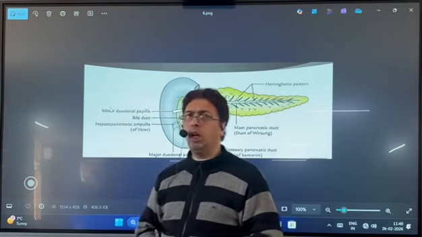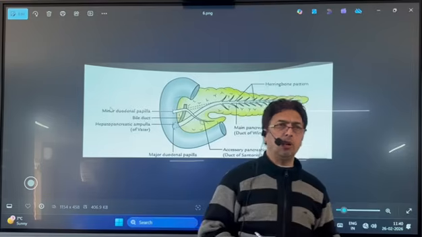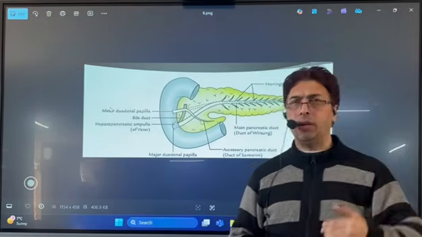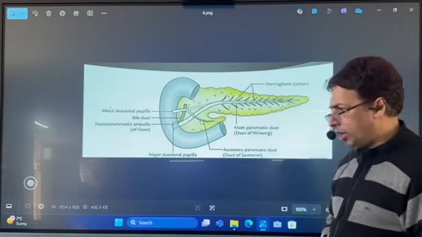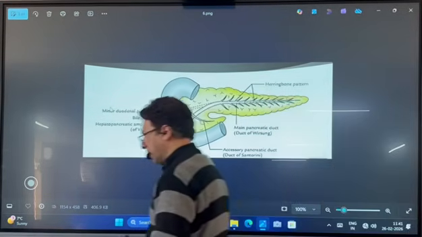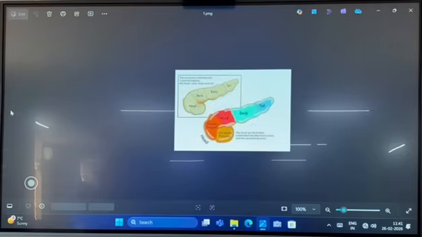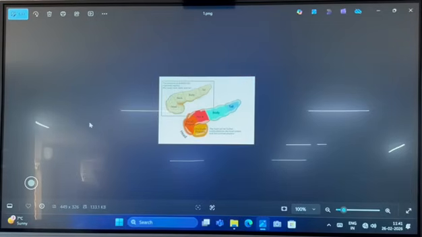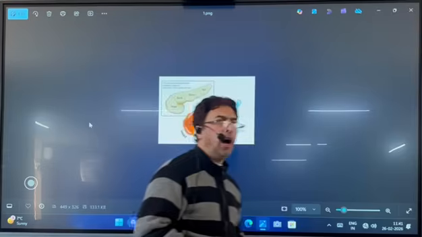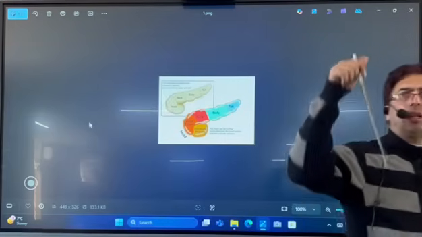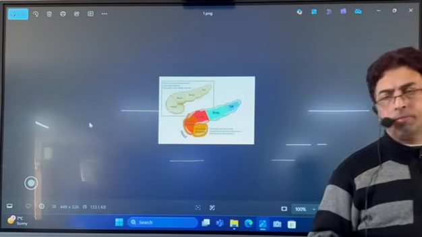Now, why does the knowledge of anatomy or surgical anatomy help you? As far as the pancreas is concerned, we have gone through various important things. First of all, the relations. What is the importance of knowing the relations of the pancreas?